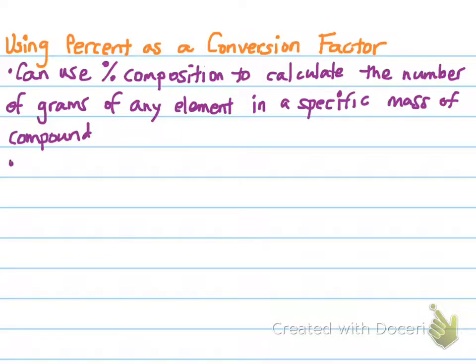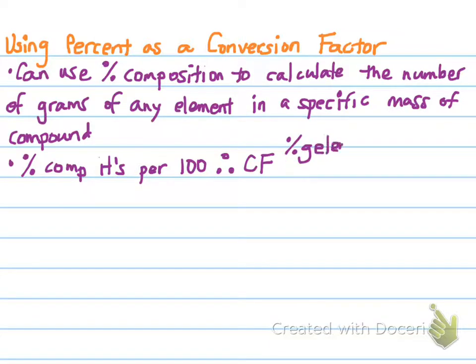The idea behind this is that percent means per 100, okay? So when we're talking about percent composition, it's per 100. Therefore, you have a conversion factor. Your conversion factor is your percentage grams of the element over 100 grams of your compound.